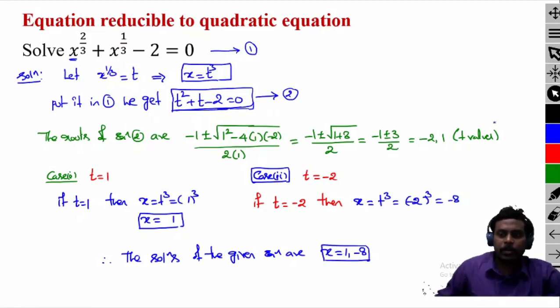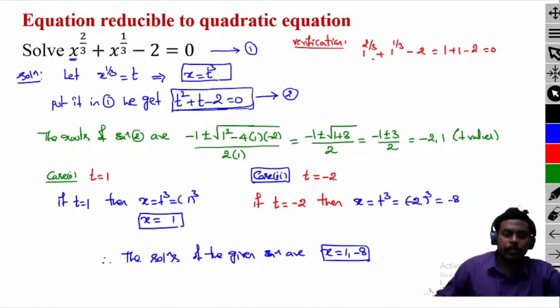Now verification. How do we verify? We can verify whether our answer is correct or not. We substitute these values in the given equation. 1 to the power 2 by 3 plus 1 to the power 1 by 3 minus 2. This is 1 plus 1 minus 2, that is equal to 0. So 1 is a solution.